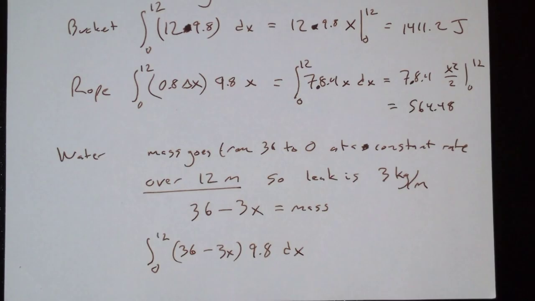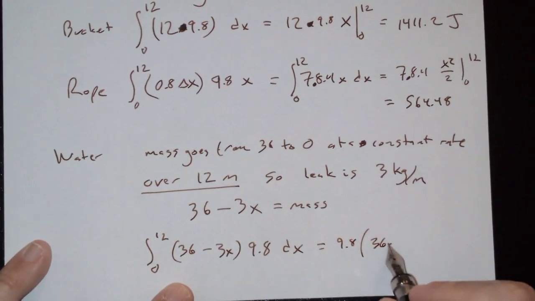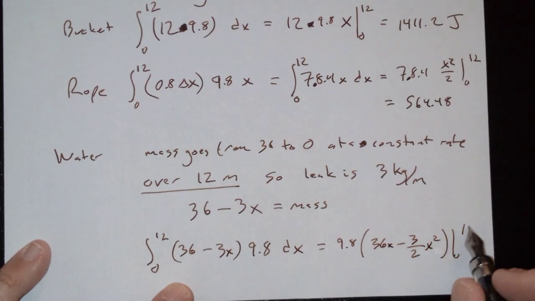I can take the 9.8 out, worry about it later. 36x minus 3 over 2x squared from 0 to 12.